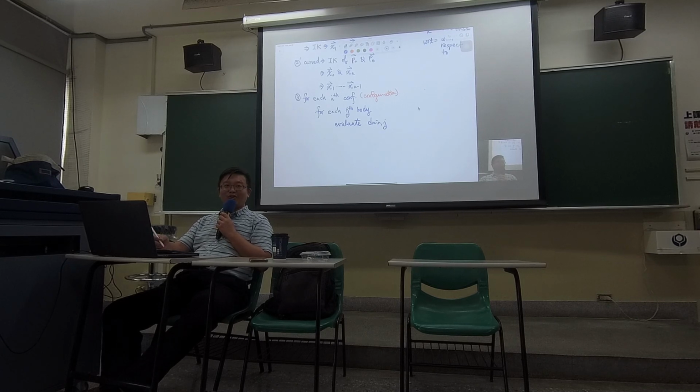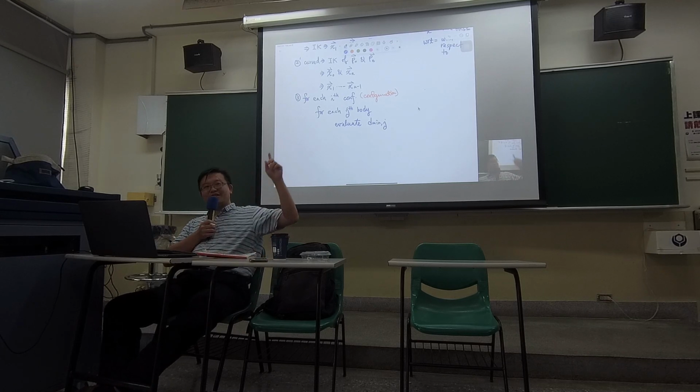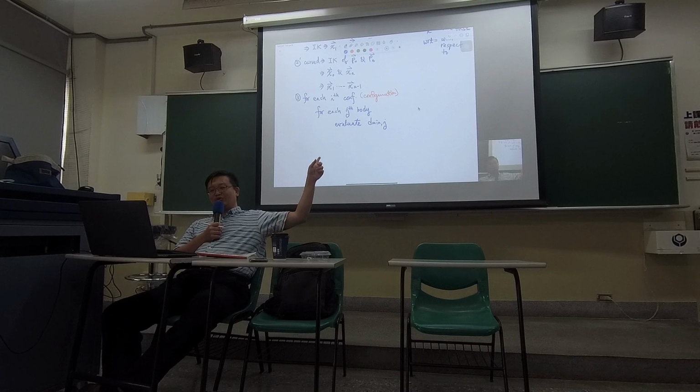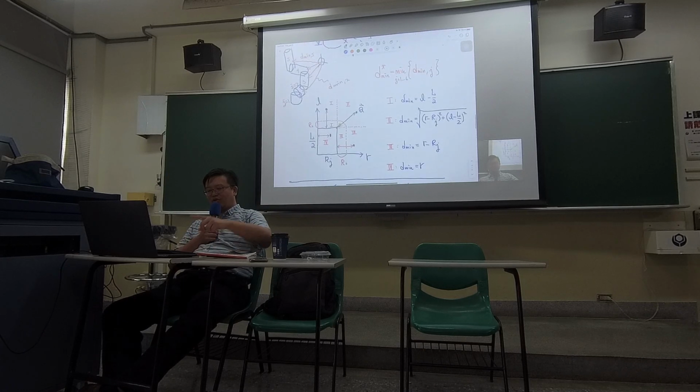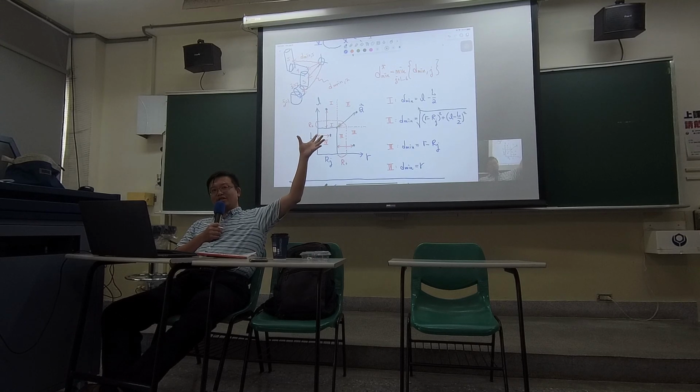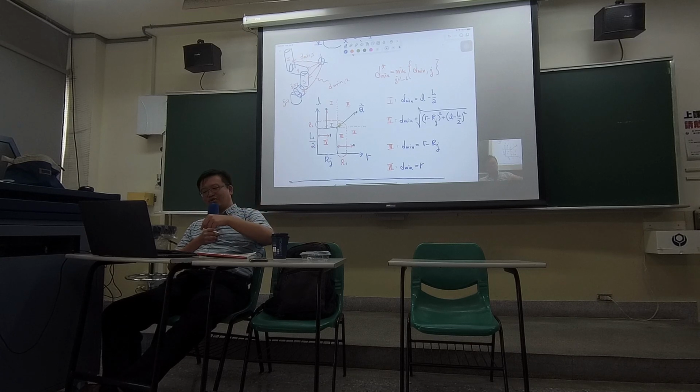So imagine how many calculations you need to do. That's why we don't want this D calculation to be too complex. This is already a pretty simplified way to do it. But actually this requires some kind of coordinate transformation.